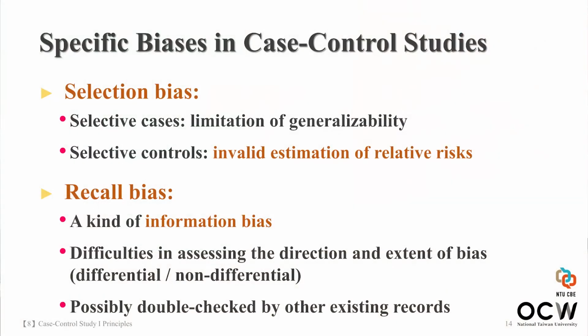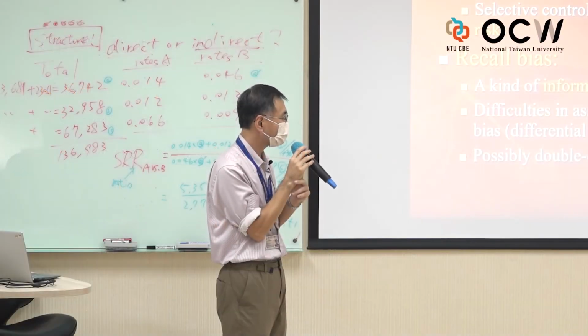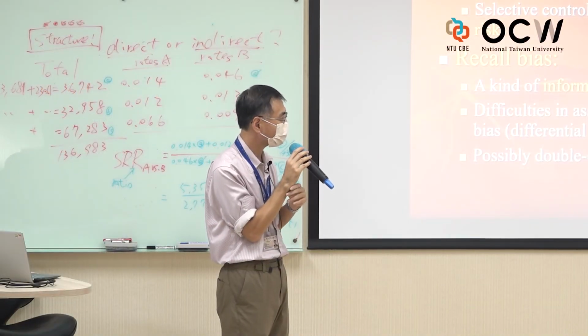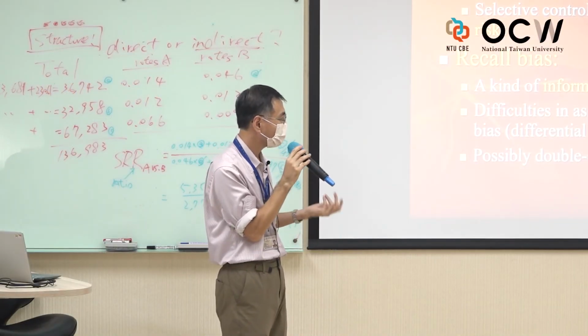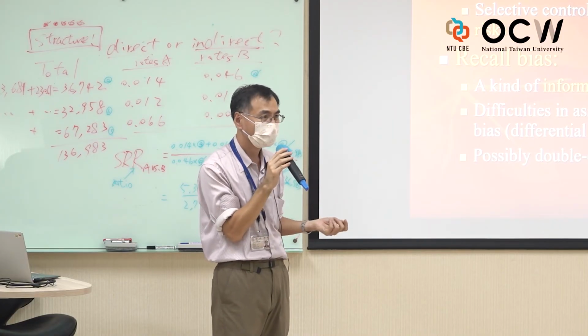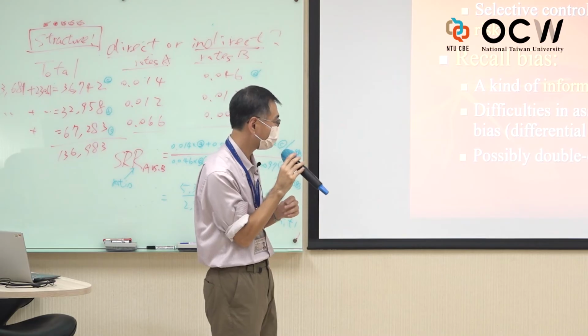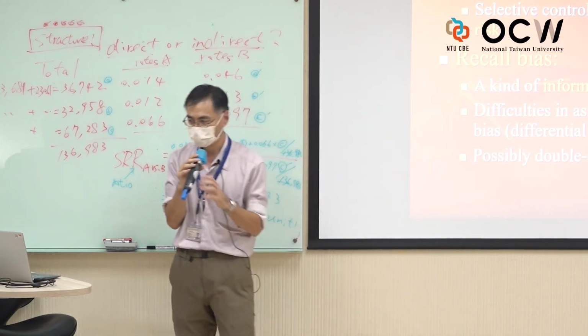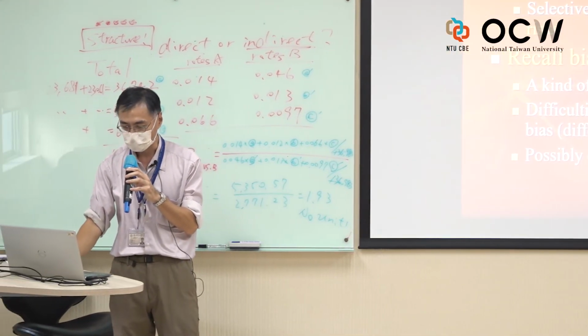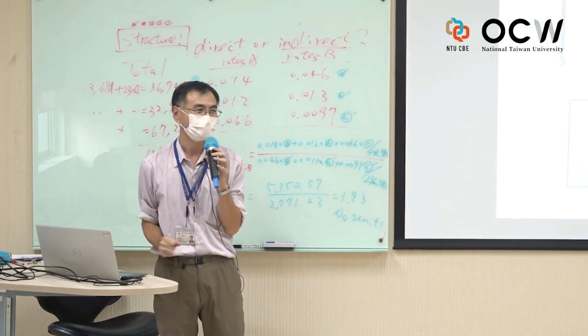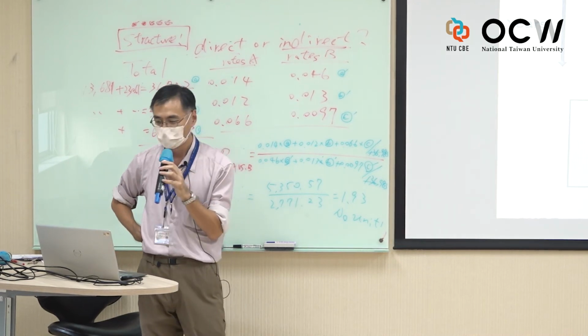So a potential way is to double check what happened by their existing records, like medical records, records in a school or hospital, or medical records in a health insurance data set, something like that. That's one of the potential ways. But in most cases, it's very difficult, right?